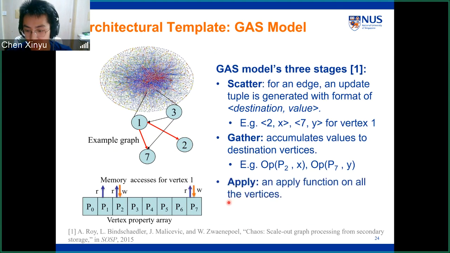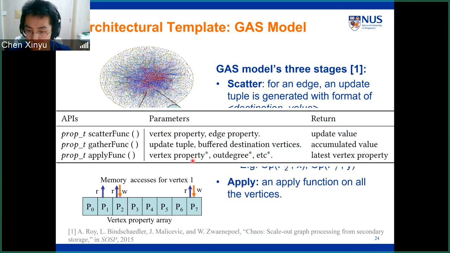The final stage is the apply. Basically, we update all the vertices for the next iteration. So those are 3 functions that can be tailored to different graph applications. So ThunderGP exposes 3 functions to developers to customize the hardware logic for their application.